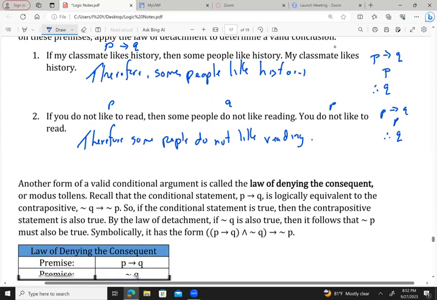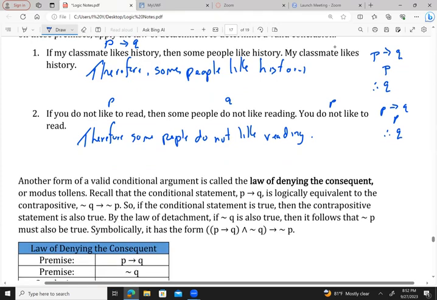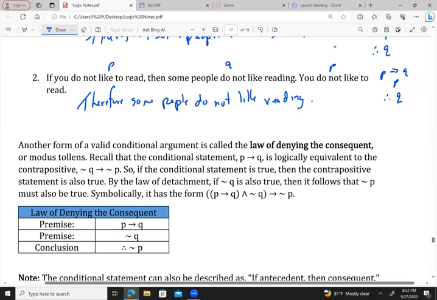Another form of a valid conditional argument is called the law of denying the consequent. Recall that the conditional statement if P then Q is logically equivalent to the contrapositive, if not Q then not P. So if the conditional statement is true, then the contrapositive statement is also true.